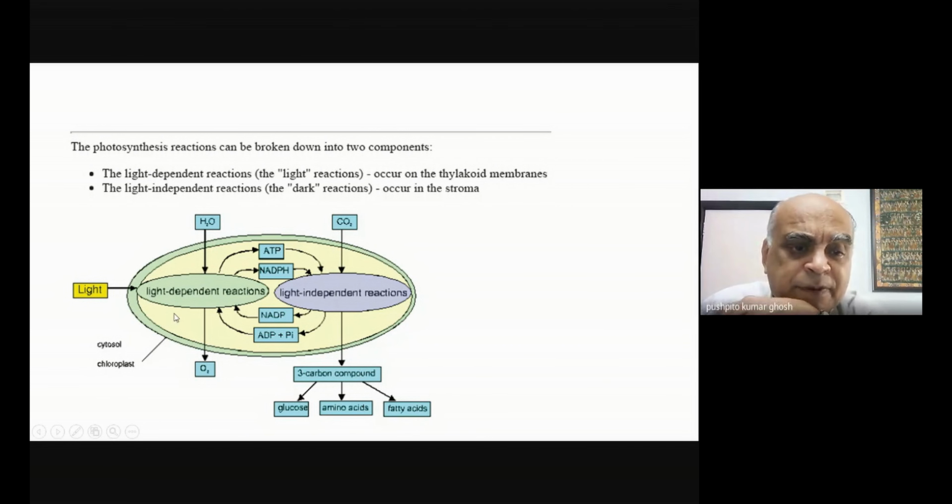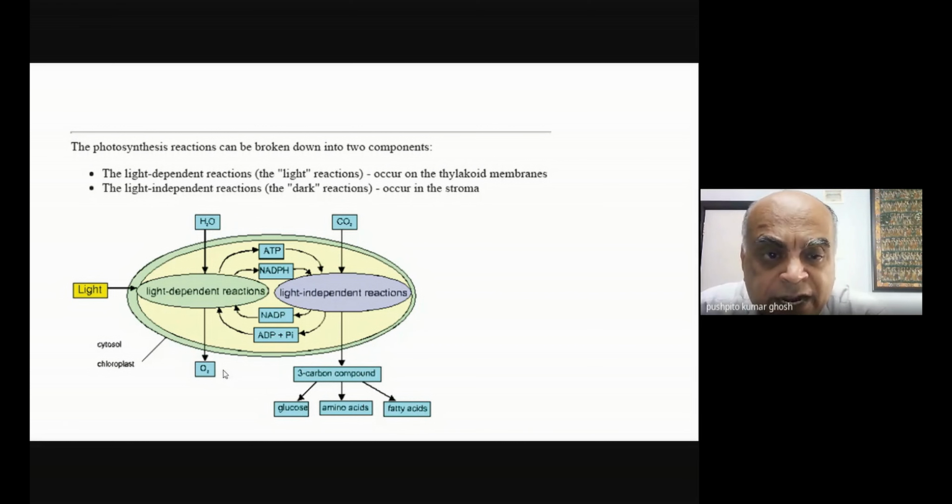Now, what is happening in the light dependent reaction? Effectively, what you can think of is that water is being split and it is getting converted into oxygen. Now, for example, you know that if you do electrolysis, you need energy for that, and it breaks up into hydrogen and oxygen.